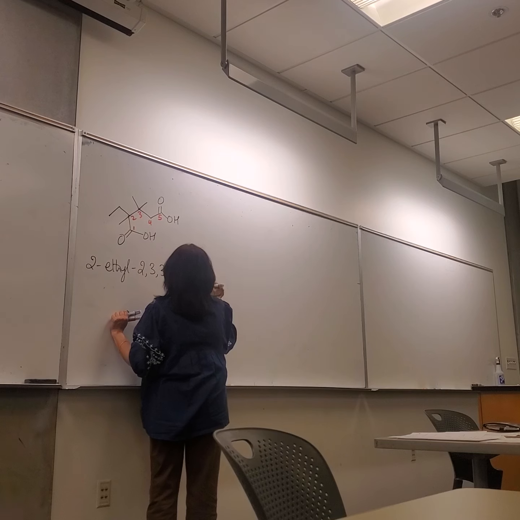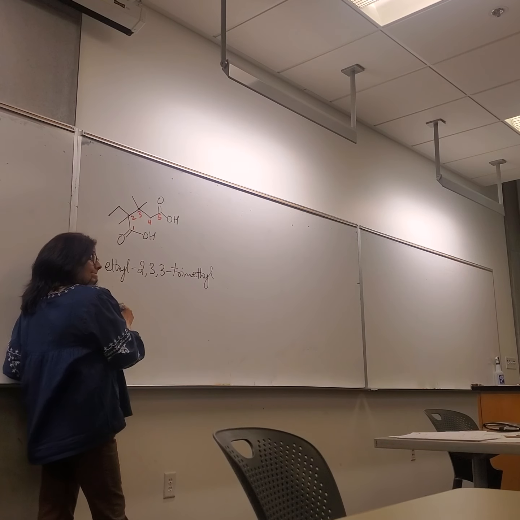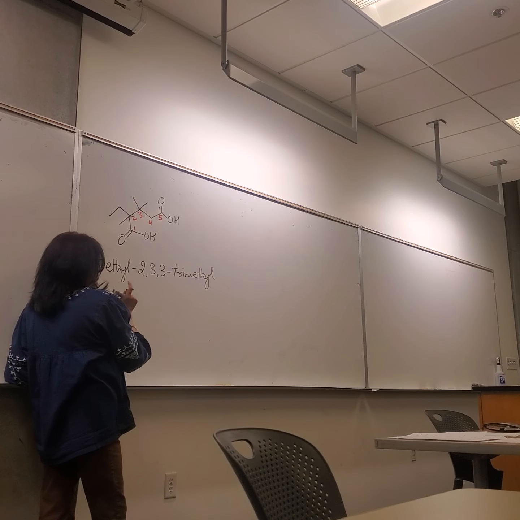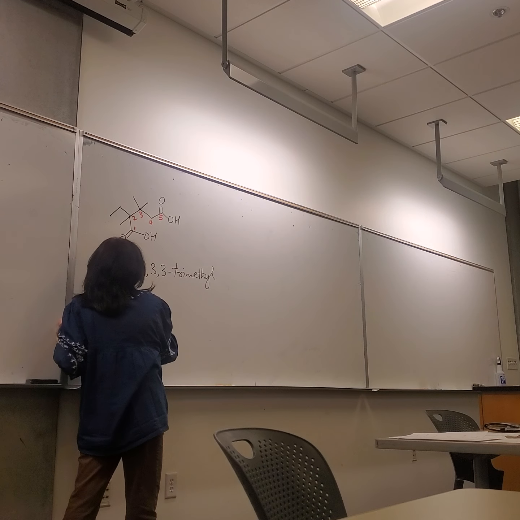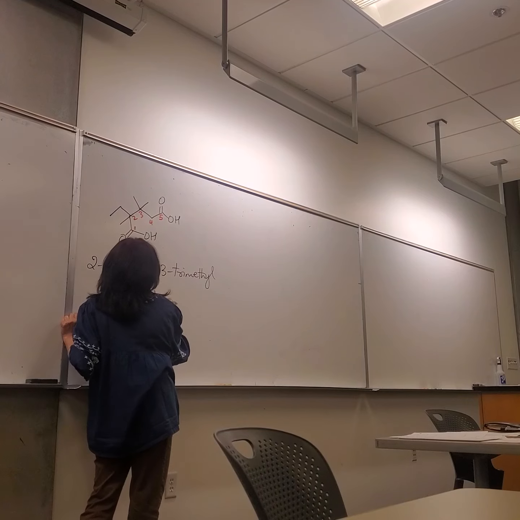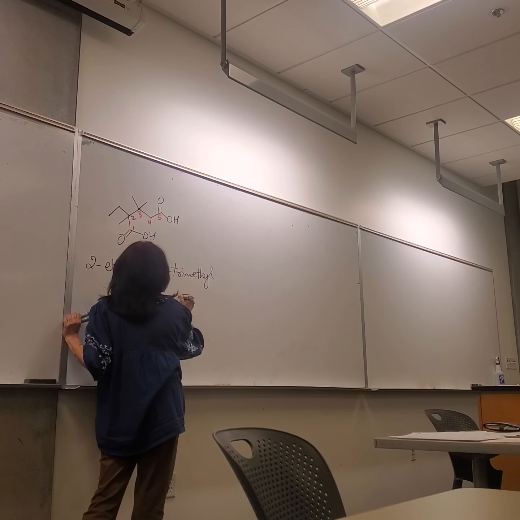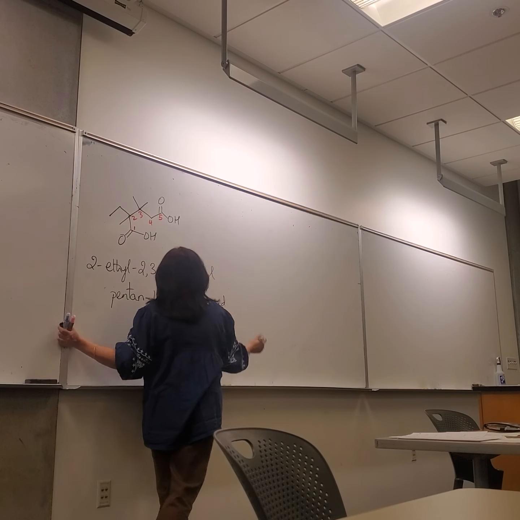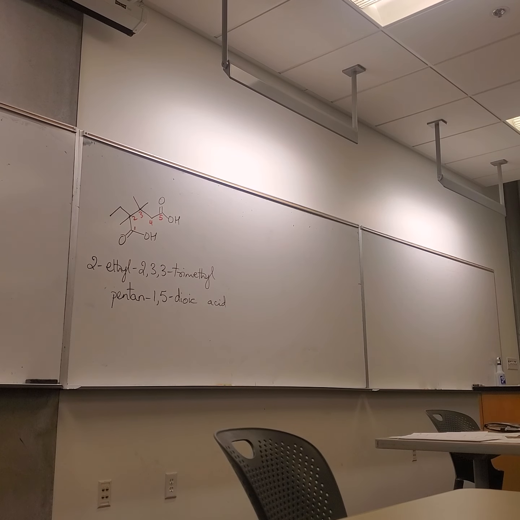Pentane dicarboxylic acid, 1, 5 dicarboxylic acid? That's only for cyclic ones. Dioic acid. This is not a cyclic one, because for cyclic carboxylic acid it's cycloalkane carboxylic acid.